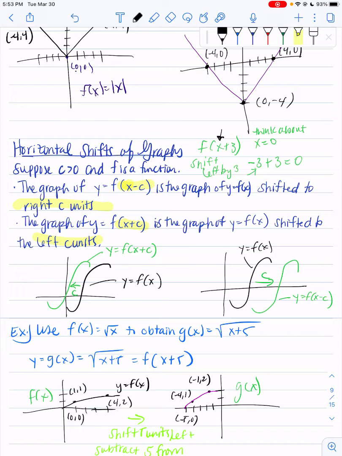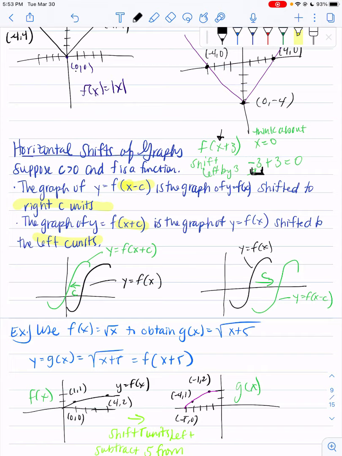I have negative 3 plus 3 equals 0. So this plus 3 is like the shift left, because negative 3 plus 3 gets me back to the 0 value.